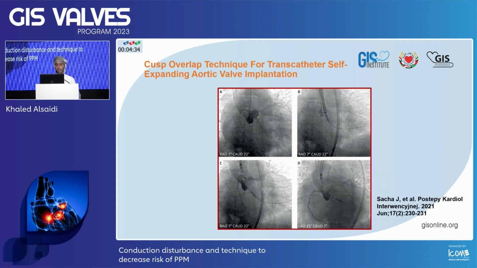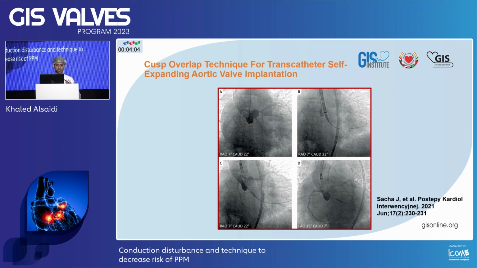electrophysiology study. Now I will talk about the cusp overlap technique for transcatheter self-expanding aortic valve implantation. Here the idea is to isolate the non-coronary cusp, and you superimpose the other two cusps, the right and the left. The idea is to expose the lowermost point of the cusp. So you see really the insertion point, and you get appreciation of the true depth of the valve.